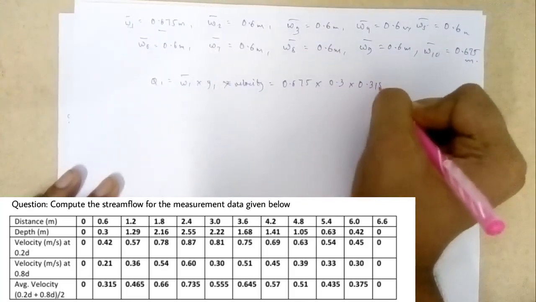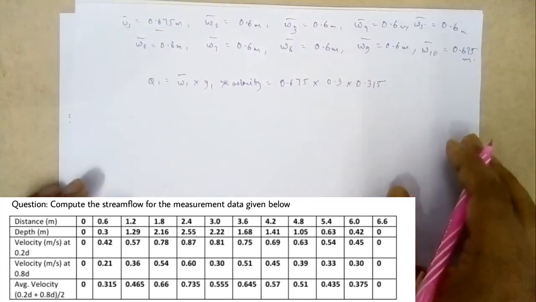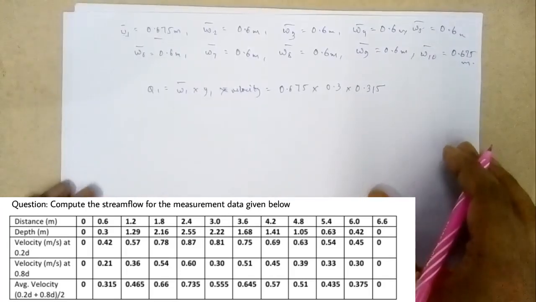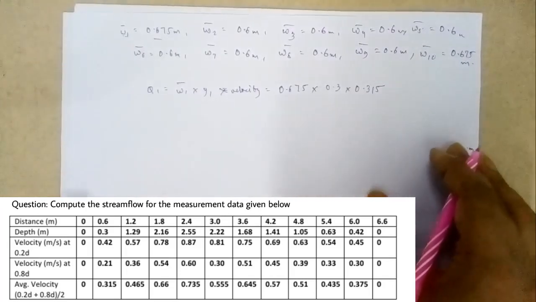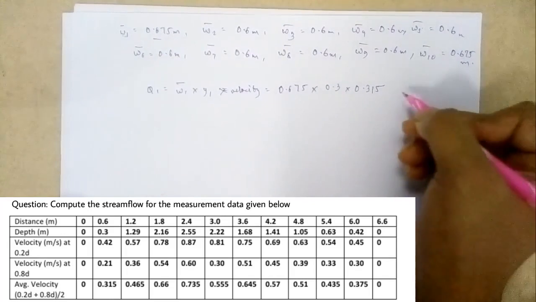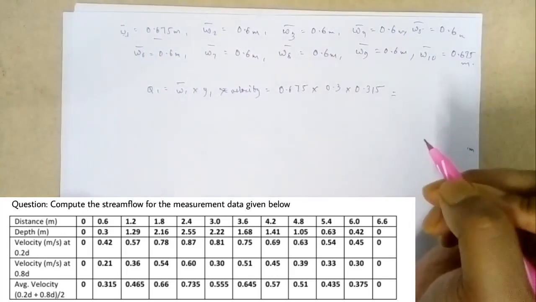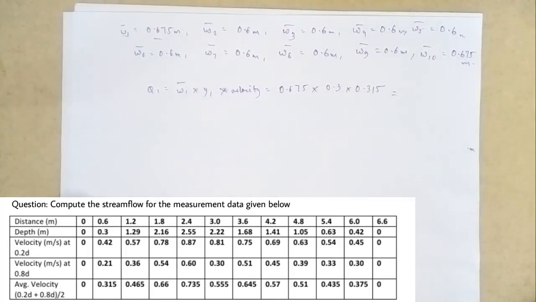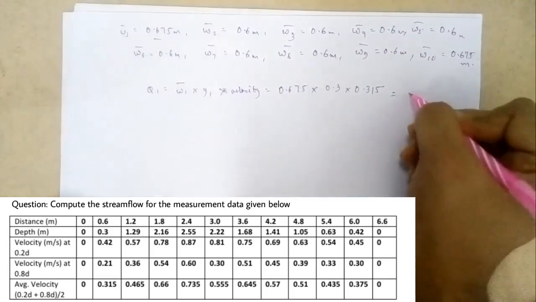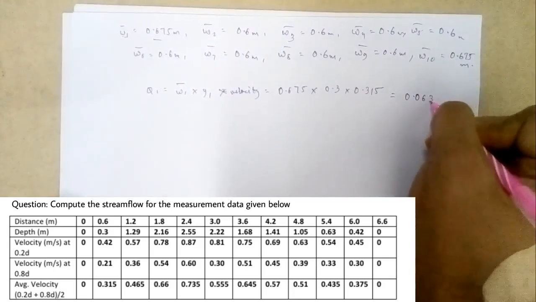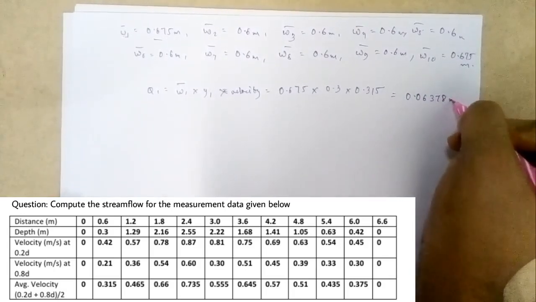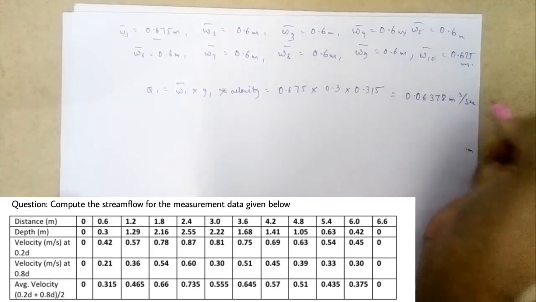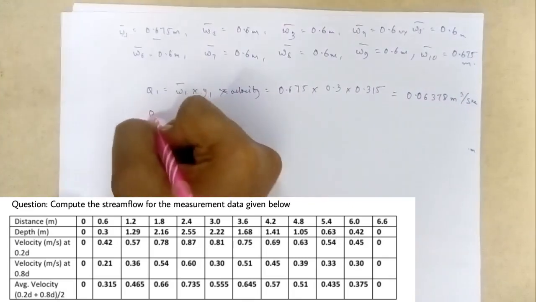Just note one thing, we are not taking the velocities at 0.8 and 0.2 D. On the multiplication of this, we will get 0.06378 meter cube per second. So this is Q1.